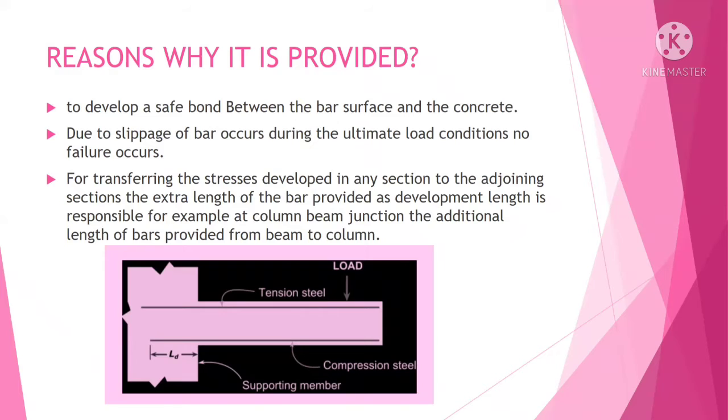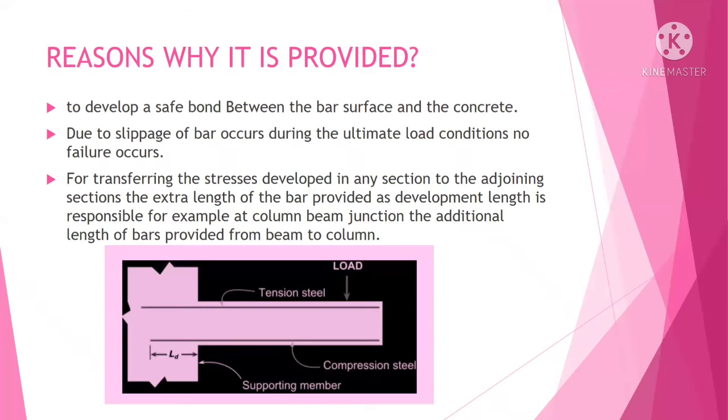Sometimes bars can slip, and during ultimate load conditions, no failure occurs because you have anchored that particular amount of length in the extended portion, and that will take care of that failure. There should not be any failure.